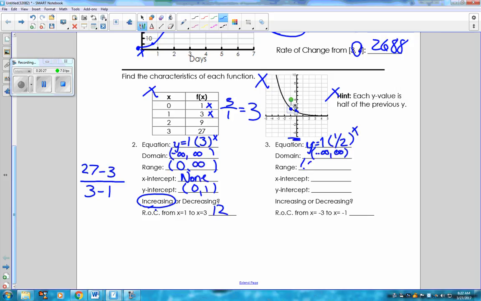Remember, you always write the smallest number first. So my range is going to be 0 to infinity. What's my x-intercept? What's my y-intercept? Am I increasing or decreasing?